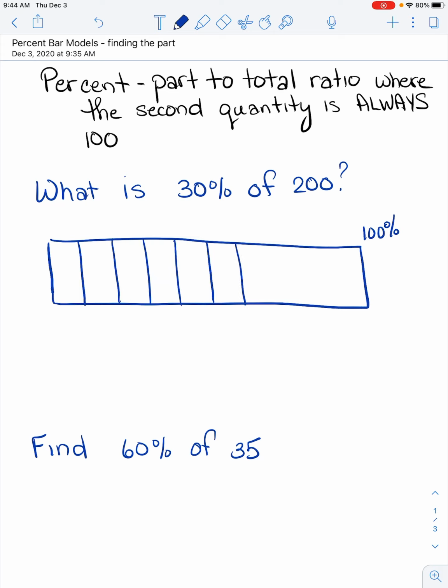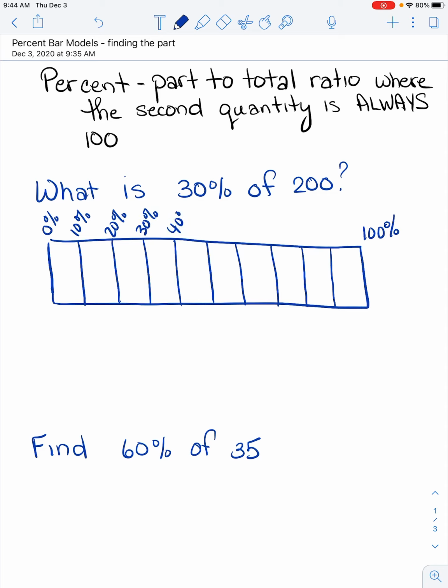And I like to divide my bar in half, and then each half will get 5 pieces. So the whole thing is 100, and I'm going to label this as 0%, and each of these is 10%. So this would be 10%, 20, 30, 40.